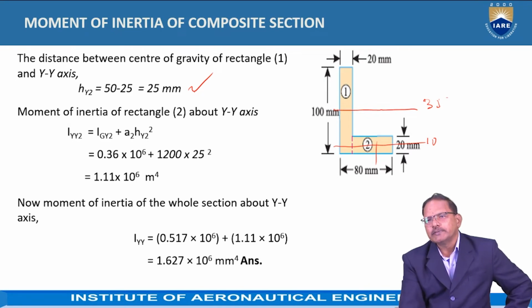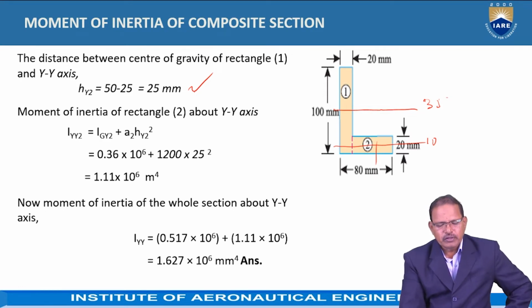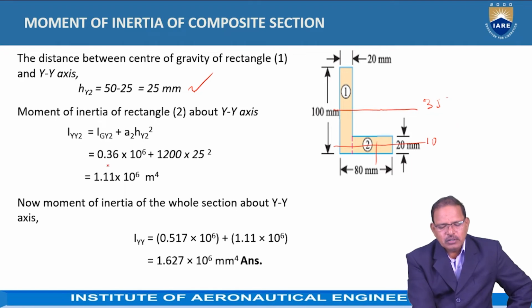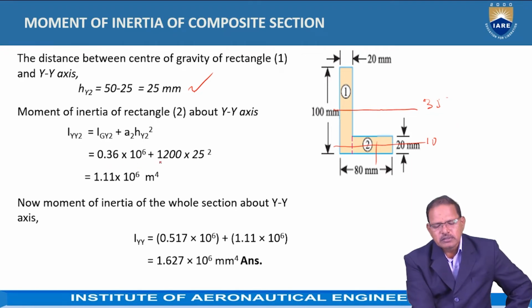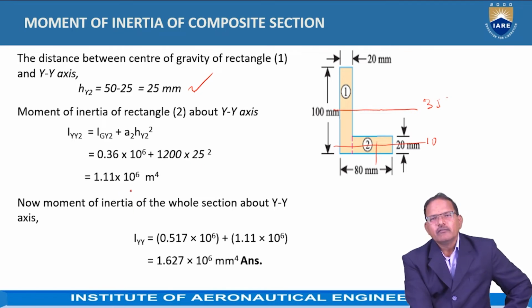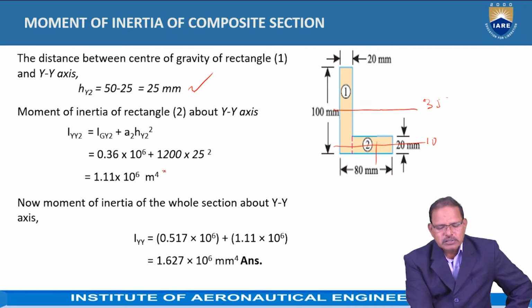We are measuring with respect to the y-axis, that means the difference of x coordinates only, which we have already determined is equal to 25 mm. So 0.36 into 10 to the power of 6 plus area, which is equal to 1200, into distance 25 whole square. On simplification we got 1.11 into 10 to the power of 6 mm to the power of 4.